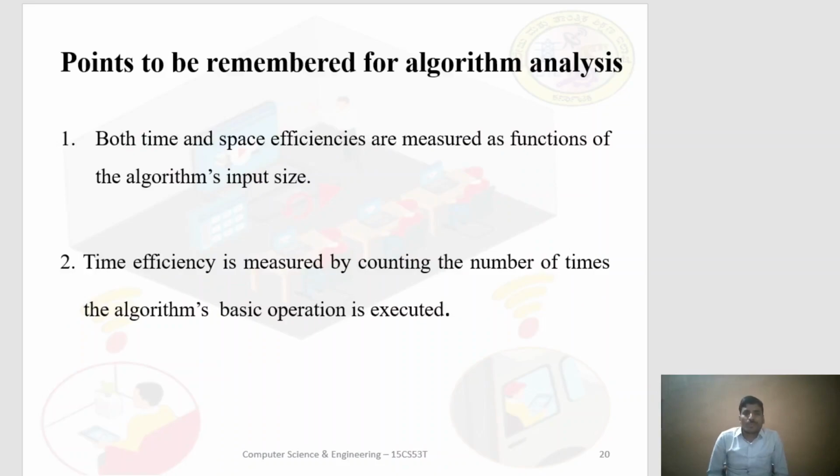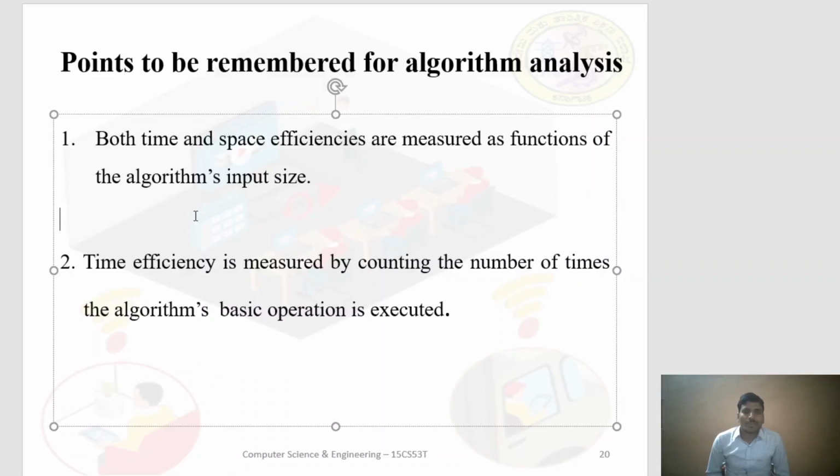So what are the points to be remembered for algorithm analysis? These points are important for analyzing any algorithms. In subsequent units we will discuss various algorithms. So algorithms ಅನ್ನು ಅನಲೈಸ್ ಮಾಡಬೇಕಾದ್ರೆ ನಿಮಗೆ ಯಾವ ಯಾವ ಪಾಯಿಂಟ್ಸ್ ಅನ್ನು ನೀವು ನೆನಪಿಟ್ಕೋಬೇಕು ಅನ್ನೋದನ್ನ ಇಲ್ಲಿ ನಾವು ಡಿಸ್ಕಸ್ ಮಾಡೋಣ. What is the first point to be remembered?